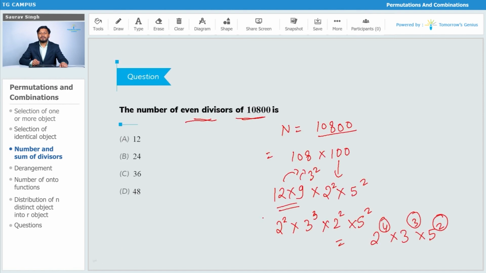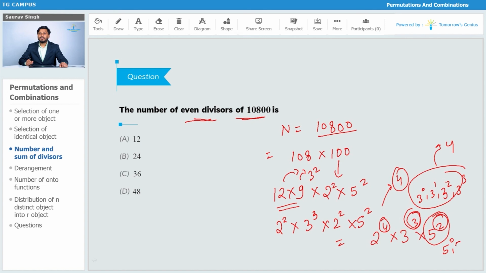So in general we have 4 options from here. What about 3 cube? We can take 3 raised to the power 0, 1, 2, 3. So 4 from here also. What about 5 raised to the power 2? We can take 5 raised to the power 0, 5 raised to the power 1 and 5 raised to the power 2. So 3 from here.